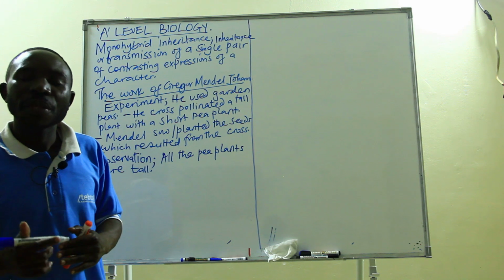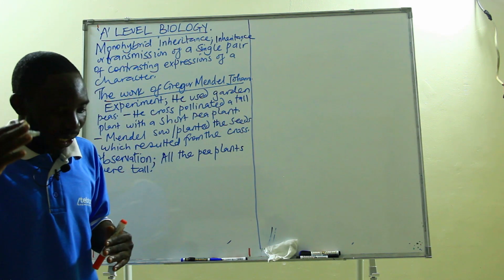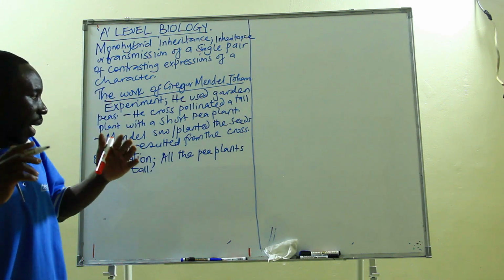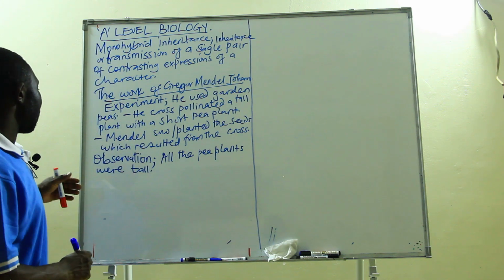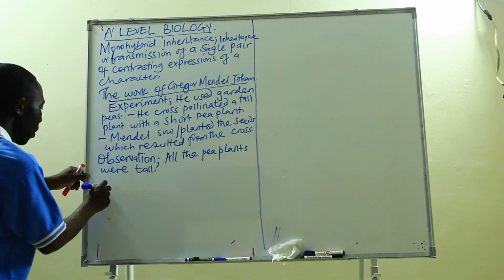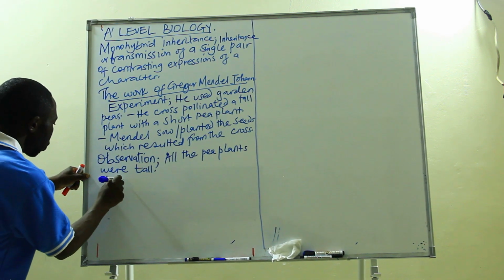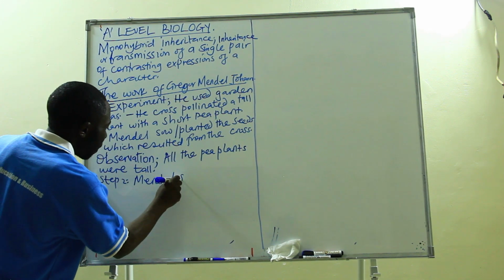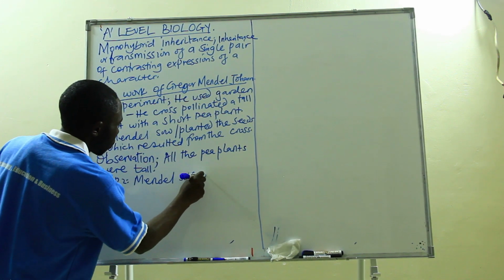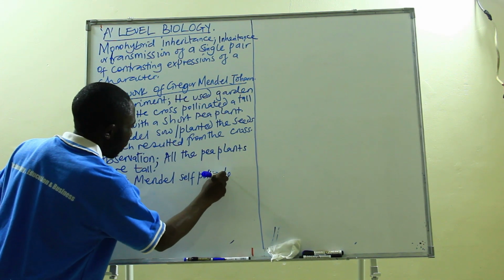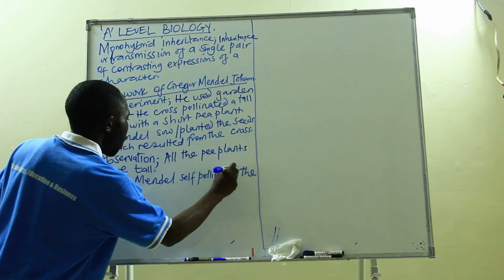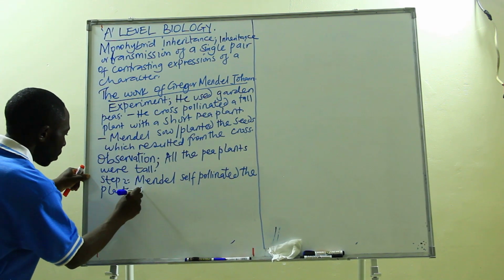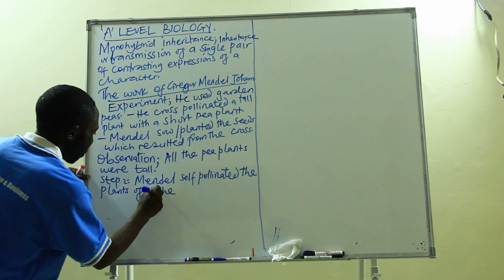In other words, he self-pollinated the organisms or individuals of the F1 generation. So that was step 2.